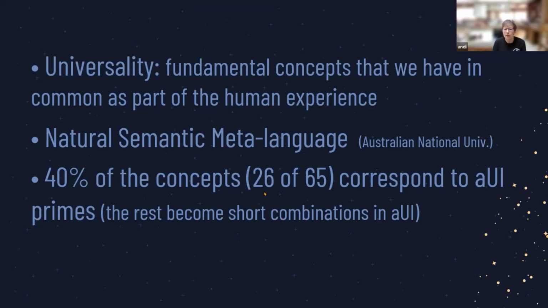But 40% of these primes, 26 of 75, do correspond to aUI's primes. And the rest we would consider just short combinations. They can be formulated into short combinations of aUI symbols.